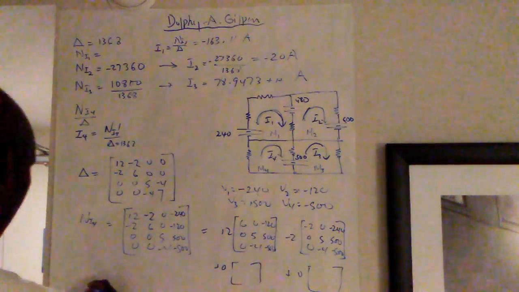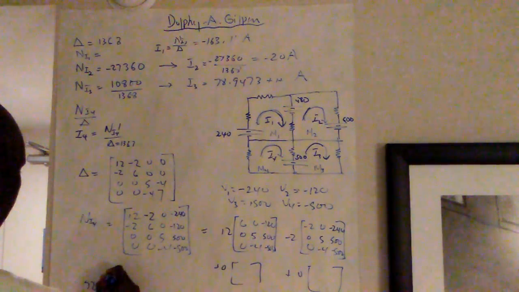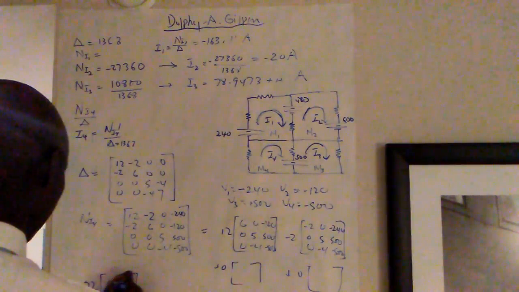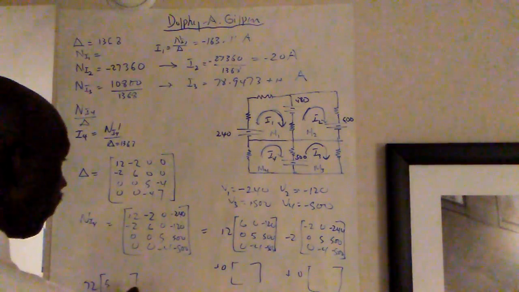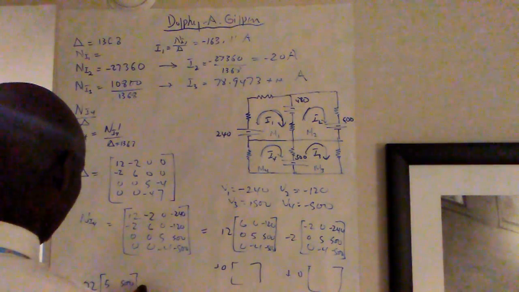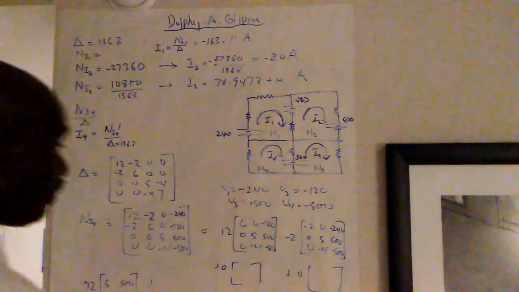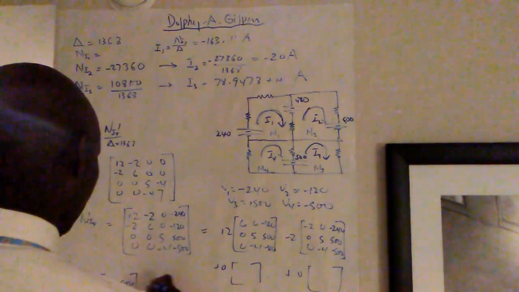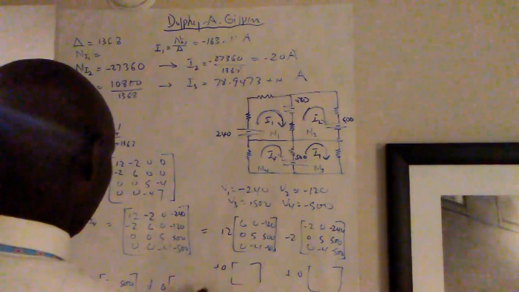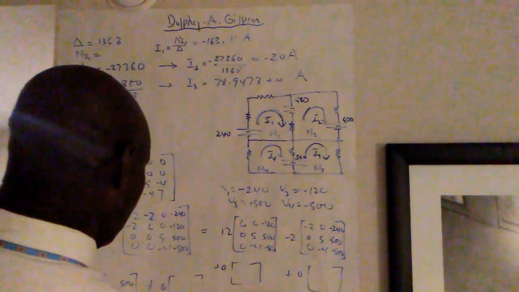And so if we further find the determinant of that, we have now 12 times 6, 72 into 5 minus 4, 500 and minus 500, plus 0 into something here, plus 0 into something.